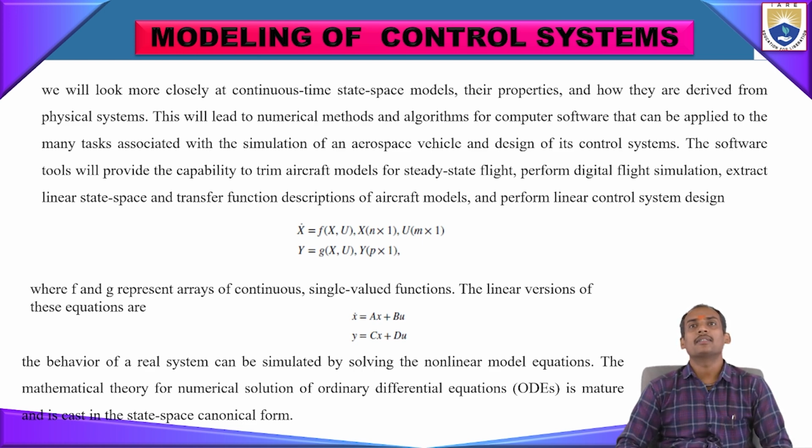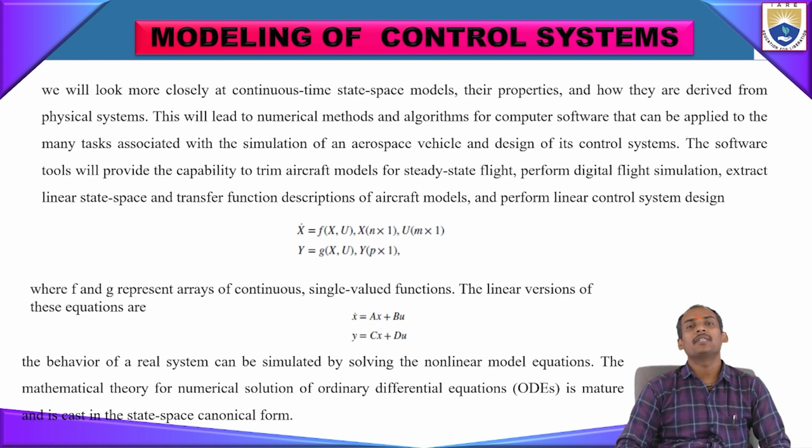Algorithms made for the computer can be applied to any task associated with simulation of aerospace vehicles, mechanical systems, thermally operated systems, and electrically or electronically operated systems. We are using this controlling subsystem.